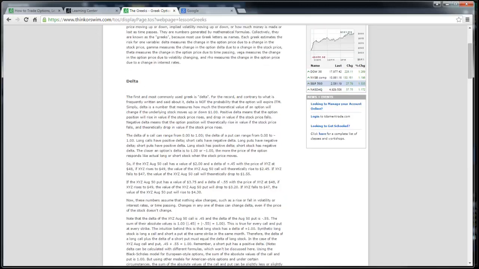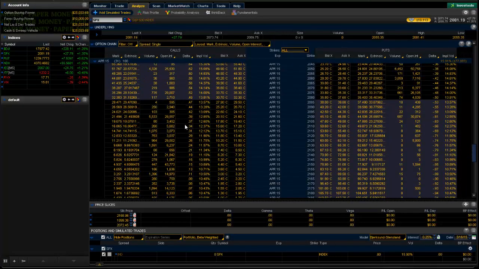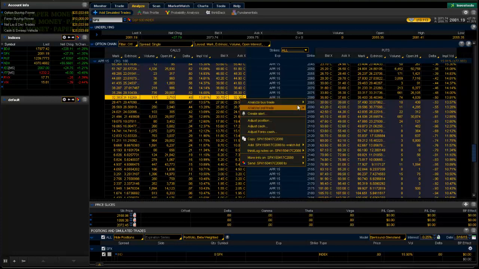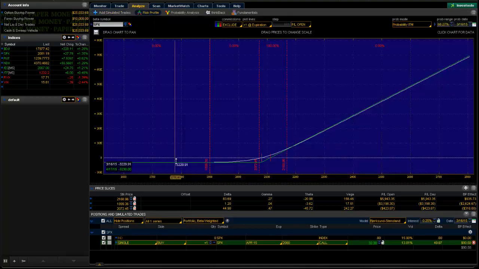If I want to analyze buying a single call option, right off the bat it gives you, and we'll unpadlock this because the SPX is actually at 2081 at the close of today, an absolute delta number, 49.07. What that tells you is price movement.